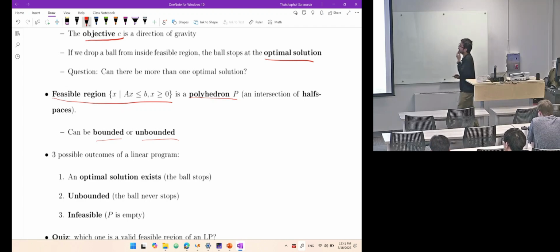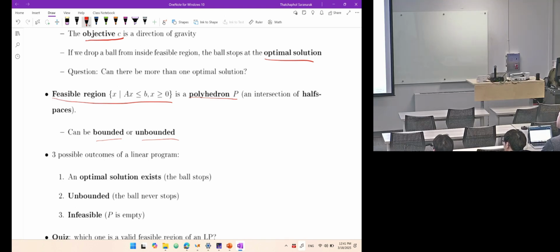So there are possible outcomes of a linear program. One is that an optimal solution exists, the ball stops at some point. It can be unbounded, when you want to optimize in a direction that is infinite, so the ball never stops.